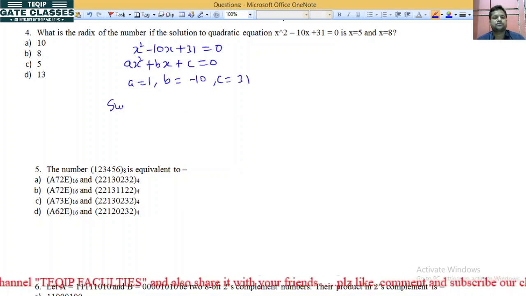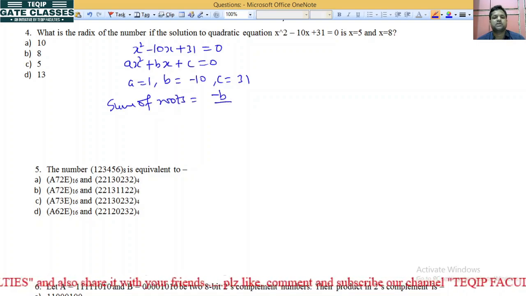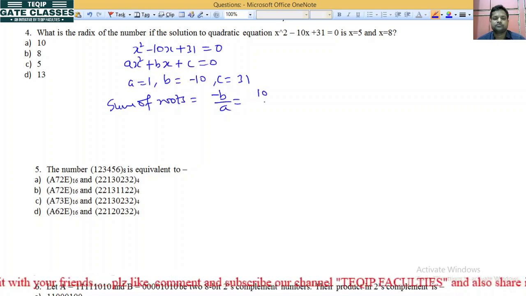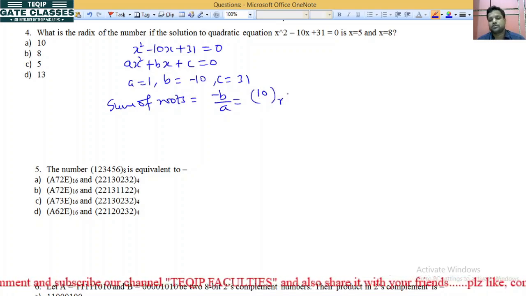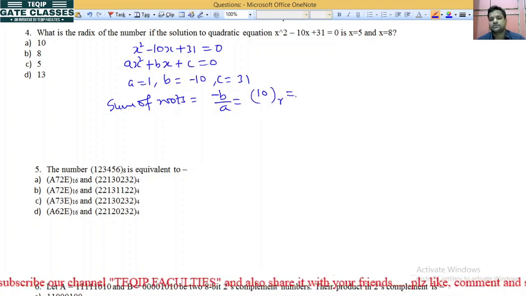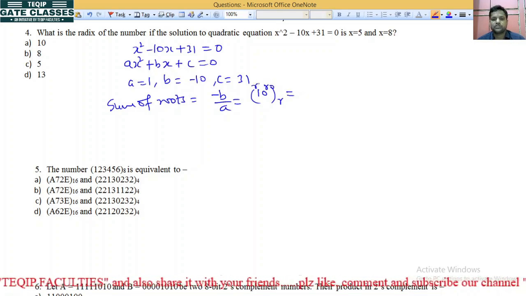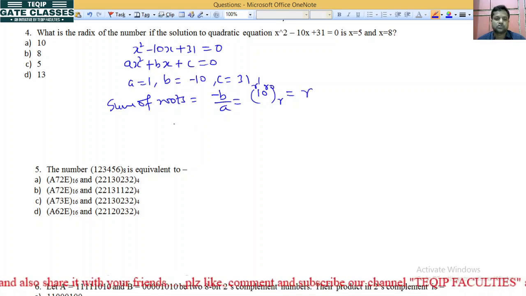So sum of roots equal to minus b by a, as already studied, it will be 10, and this 10 is with base r, since we don't know the base. If I change this to decimal number system, then it will be r.